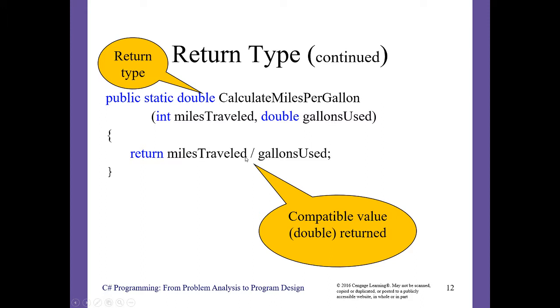It's going to take that miles and divide it by the gallons that were used, and the result of that division is what will be returned. Now, because one of these variables is a double, the result of that division will be a double, and so we'll be returning a double value from this method. So in our method header, we specify the return type of double instead of void, so we can see where that comes from.